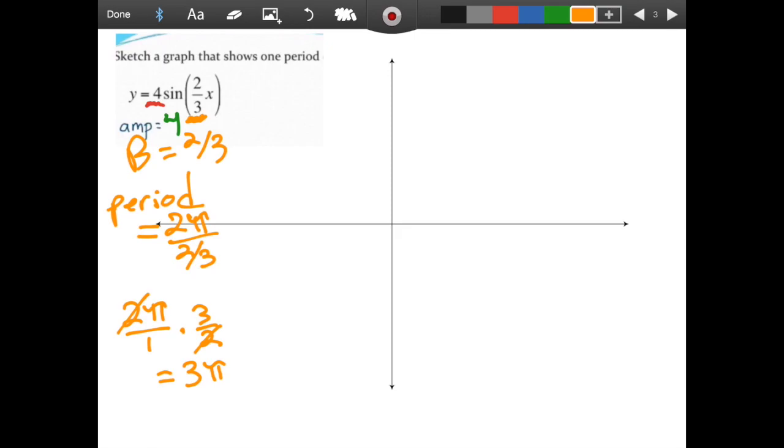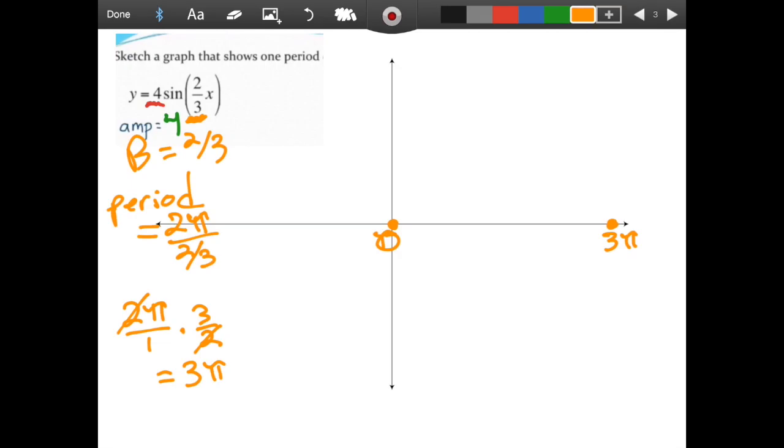And so personally, when I graph these out, I'll mark the beginning, which is usually just 0 unless there's a horizontal shift, and the final point that I need, which in this case is 3 pi. So right off the bat, I know a little bit about this.